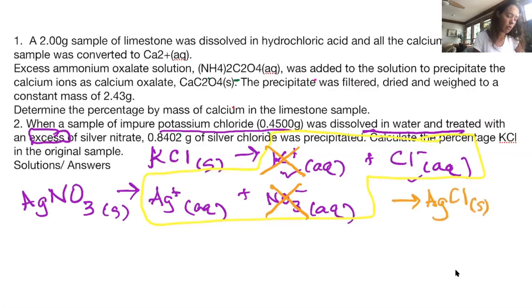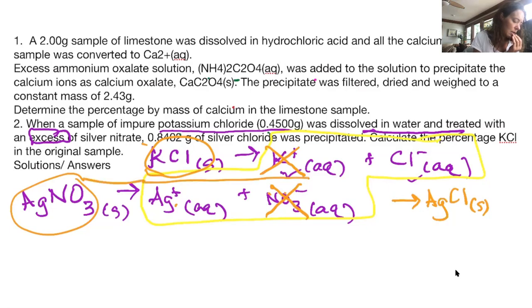It does not dissolve in water. So by treating the potassium chloride solution with the silver nitrate solution, we caused a precipitate of silver chloride to be produced. I hope that you see why it was so important that this be in excess.